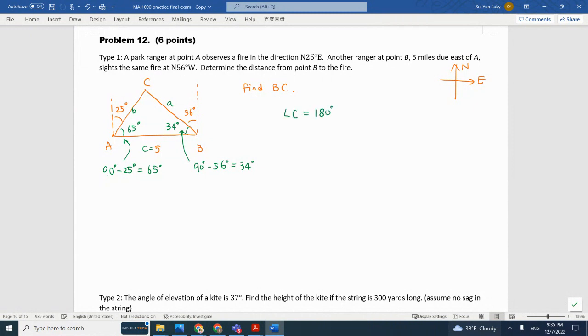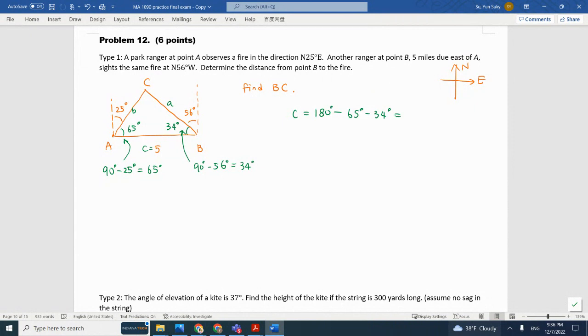Angle C is 180 minus angle A minus angle B, which is 180 degrees minus 65 degrees minus 34 degrees.